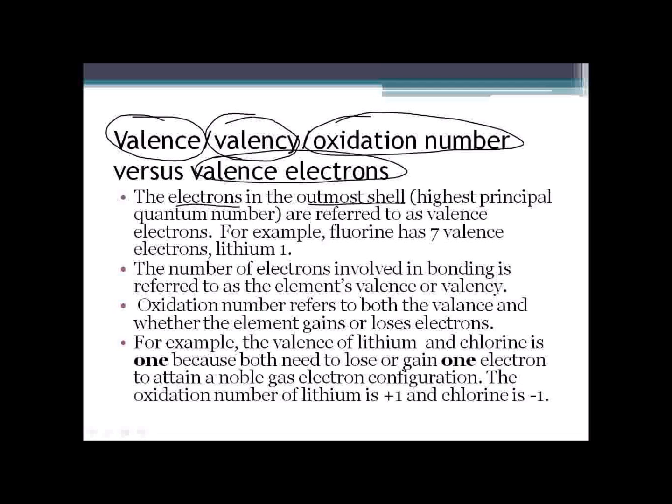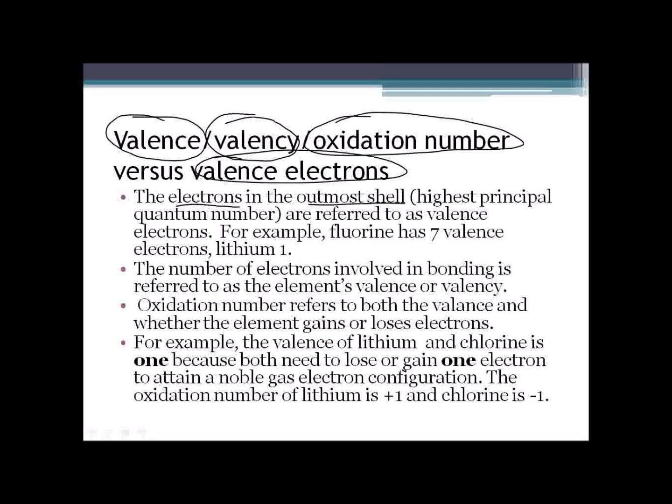And you'll see that these terms are slightly different. None of this is going to make perfect sense to you until I illustrate it by example, I wouldn't imagine. The oxidation number actually refers to the valence of the thing. So it's asking how many electrons are being swapped, but it's also asking whether they're being gained or lost.